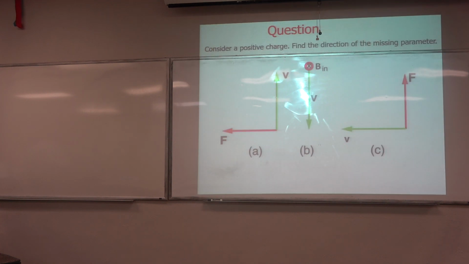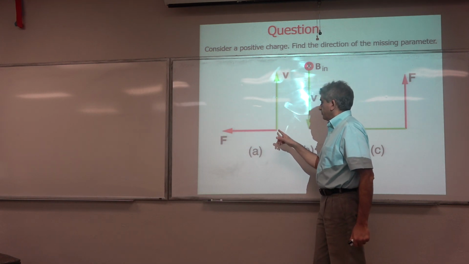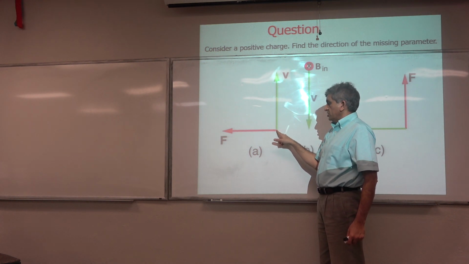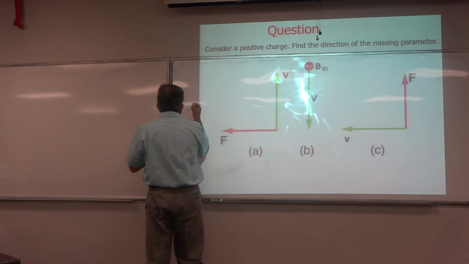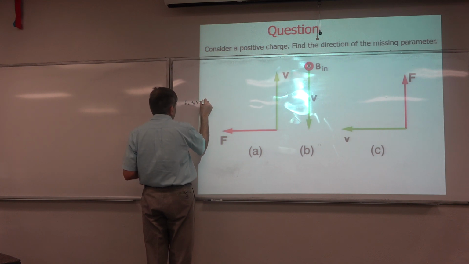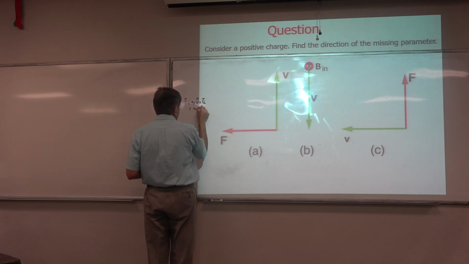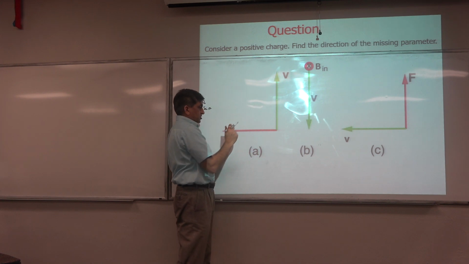Here I want to look at a positively charged particle and see what the missing component is. We learned F is equal to Q V times B, or QVB sine of theta. So now here F is there, V is there, B is missing.